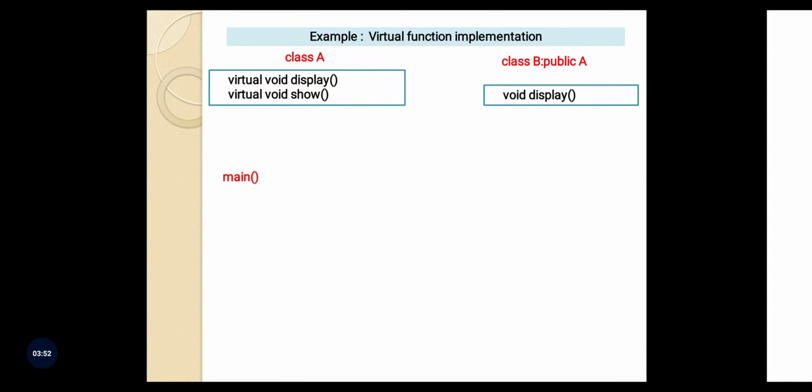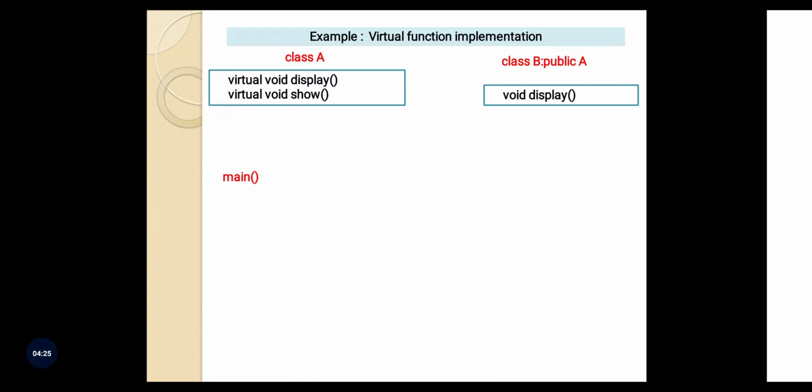One of them is display and the other one is show, and each of these functions is declared using the keyword virtual, which means these two are going to be called at runtime, and the compiler will not do compile time binding. Now derived class B has also got a display, which means the display of class A should be overridden by the display of class B in the derived class.